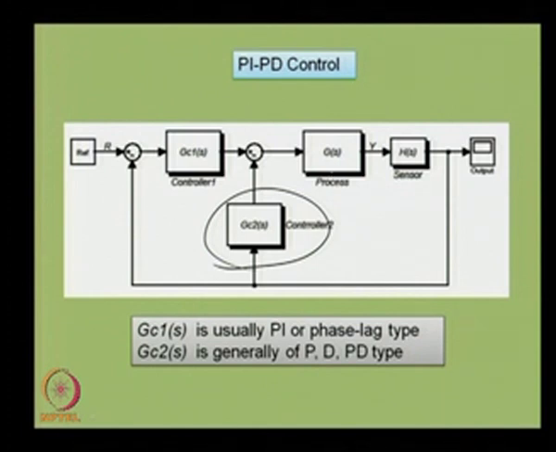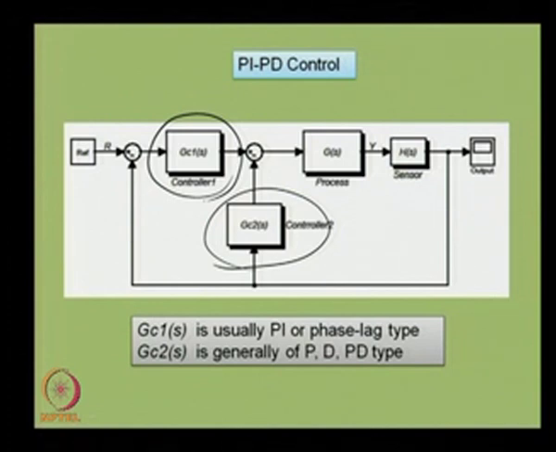This process could be stable, unstable or integrating. When it is unstable or integrating, unless its dynamics is stabilized or its closed loop poles are located at some proper locations, often it has been found that it is difficult to design a suitable feed forward controller that will meet design specifications.